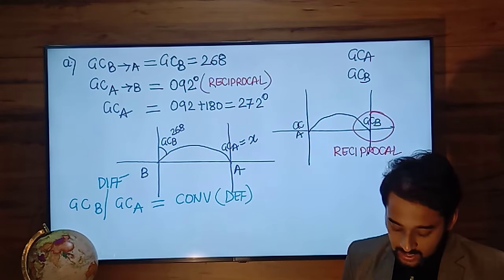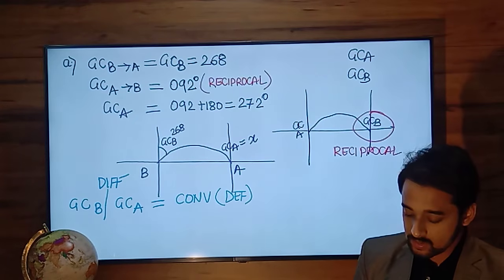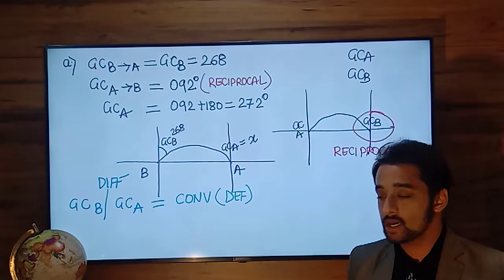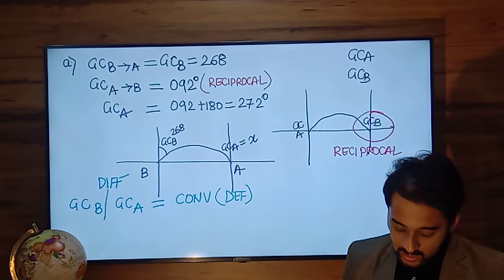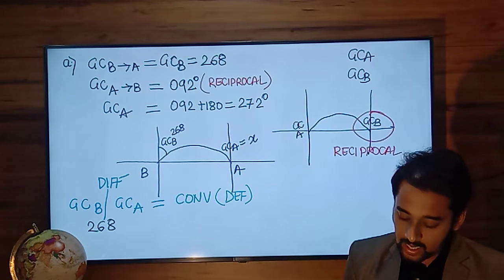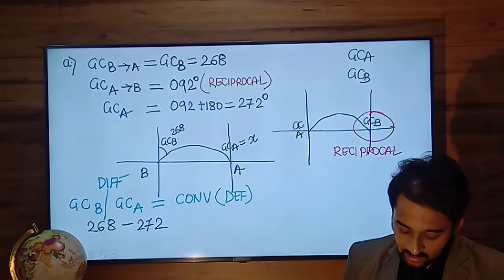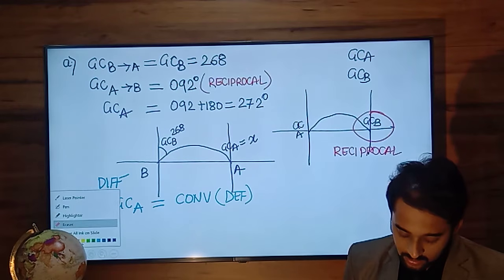So great circle at B is how much? If you can see, great circle at B is 268. Great circle at A is 272. So we can write it the other way around, 272 minus 268.